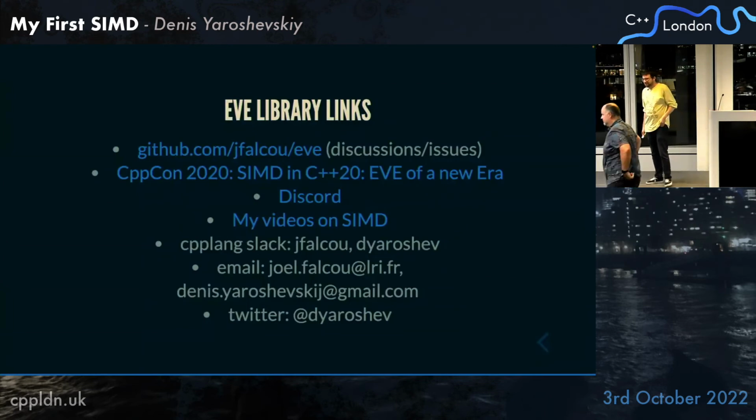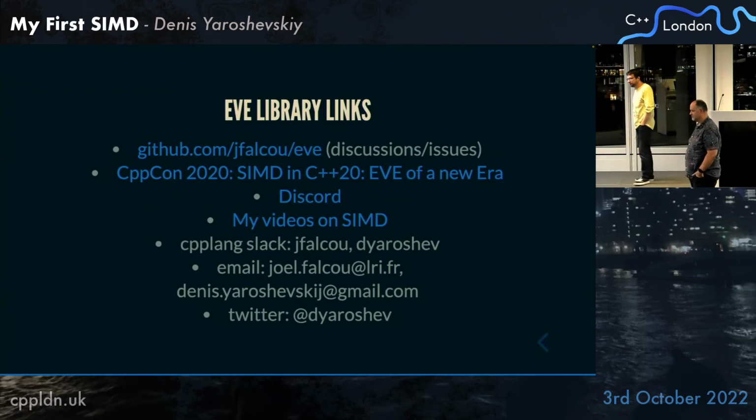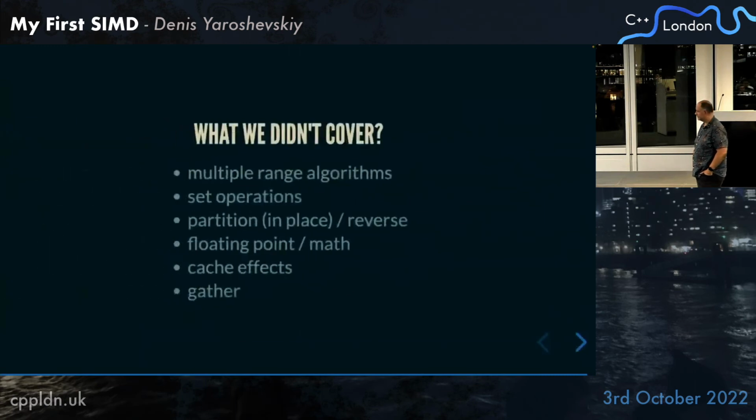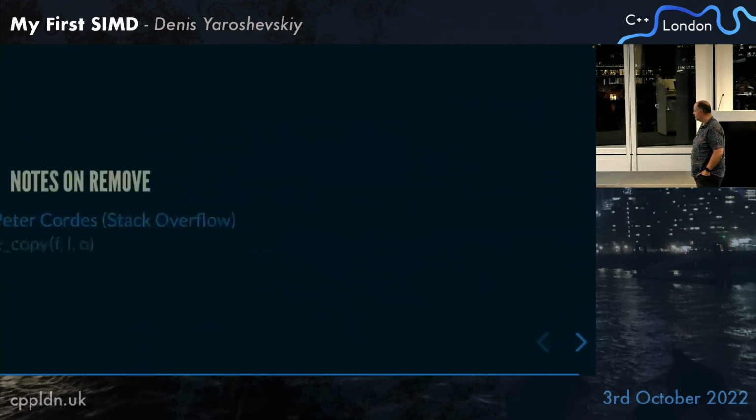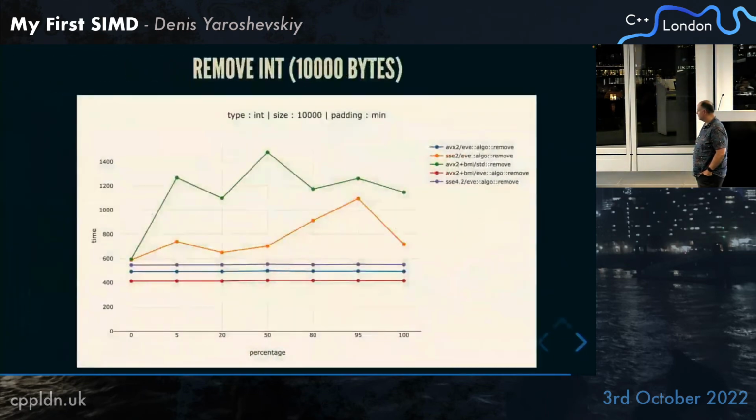Yeah, just have a question on the benchmarks to remove. Imagine the performance depends a lot on how many elements you remove. Well, let's have a look. On the X line, there is how many elements we remove. So the zeros is no elements to remove, 5% of elements to remove, 20%, 50, 80, 95, and 100, right?